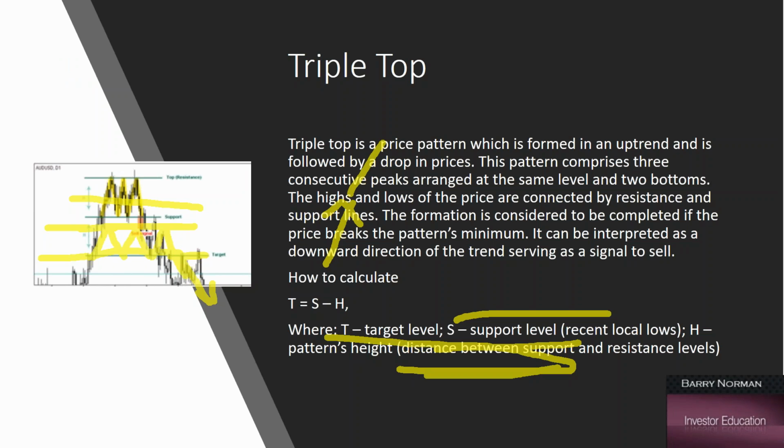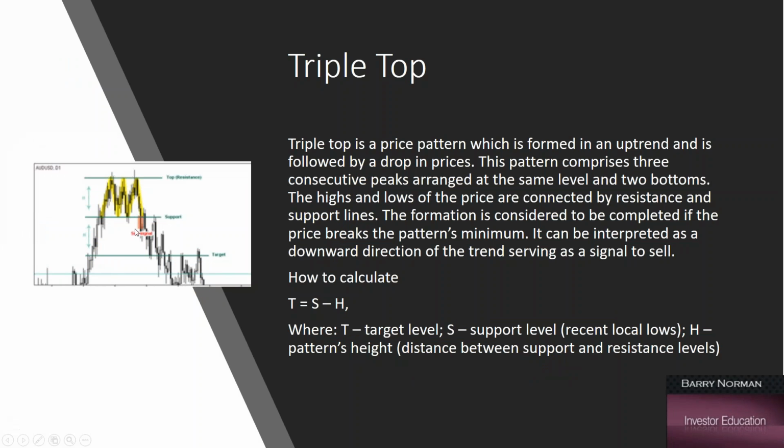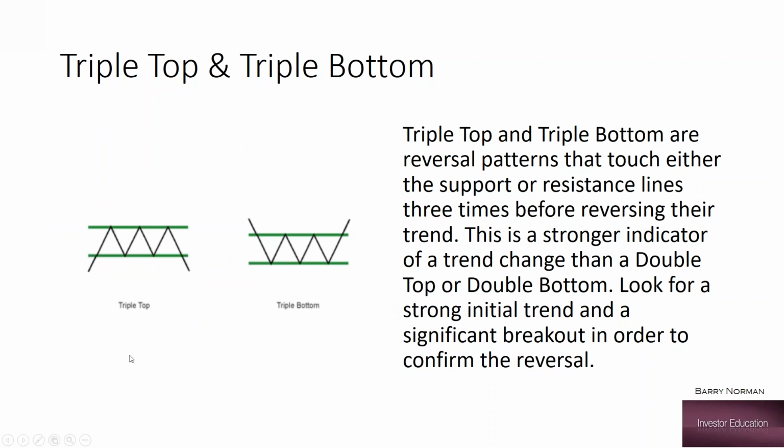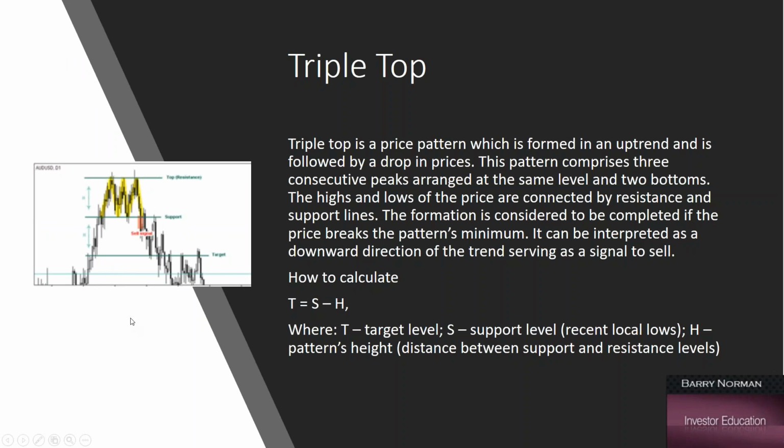Okay. Now, a triple top, again, it's very pretty to see it on here, but when you're looking at actual trading, it's a lot more complicated to see it. And you see this by drawing your support line and your resistance line based on the swing highs, but where there's been congestion in price.